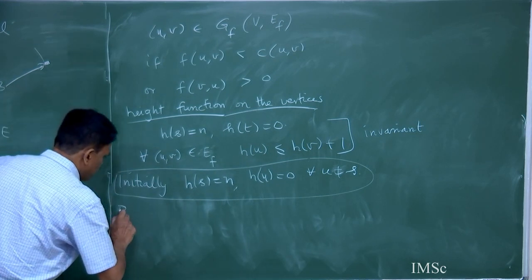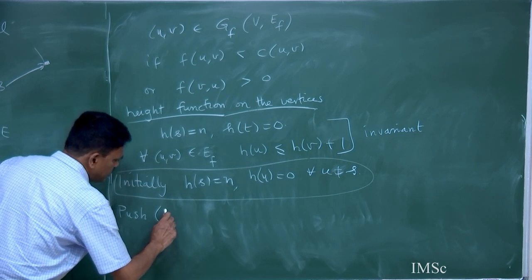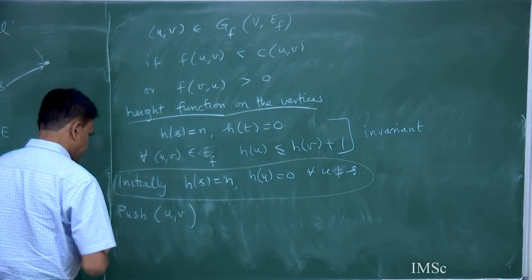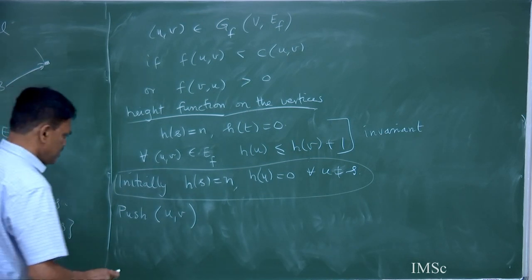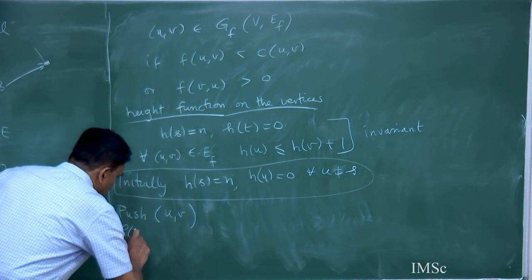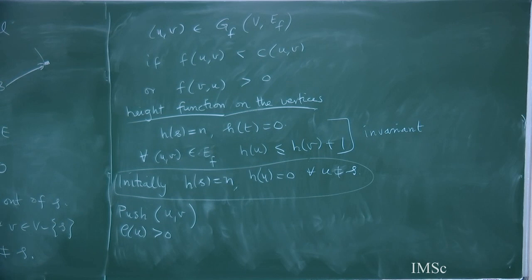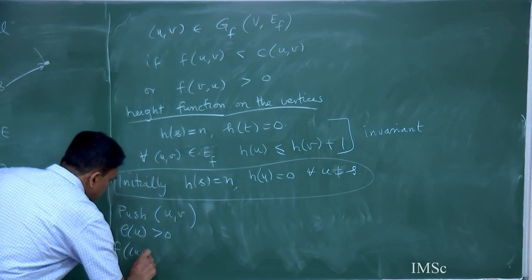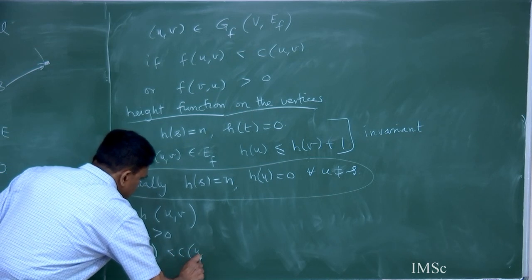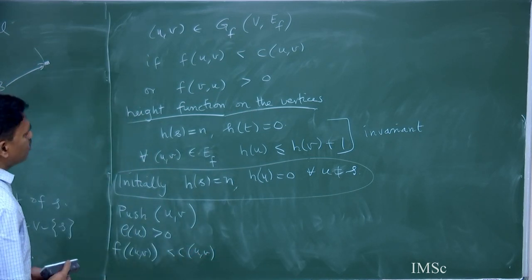Let's see, you're going to push through the edge (u,v). When am I going to push through the edge (u,v)? What are the conditions I need? I should have some excess flow at u. I should have some residual capacity on the edge, right?